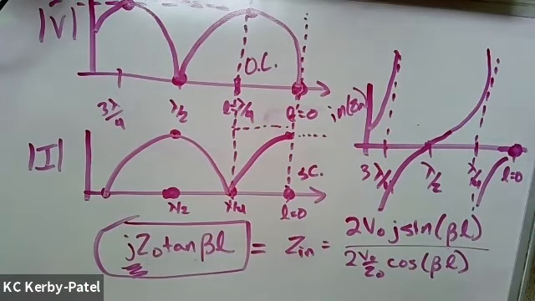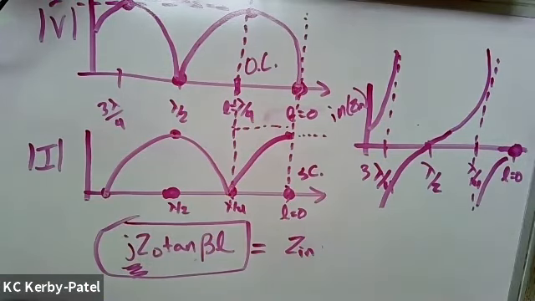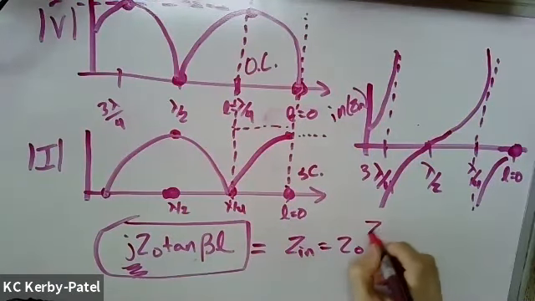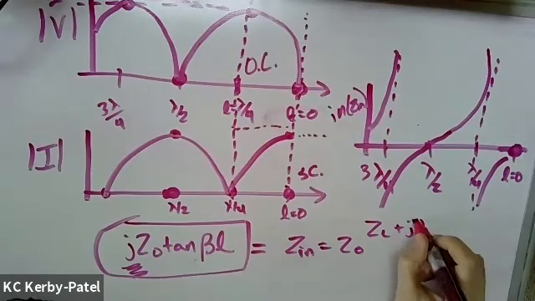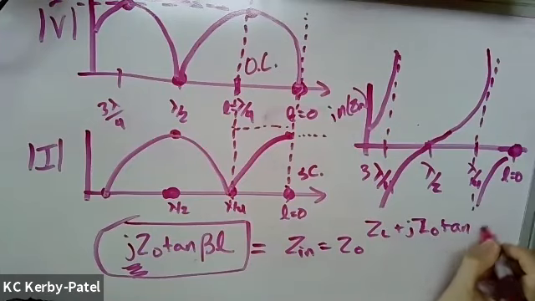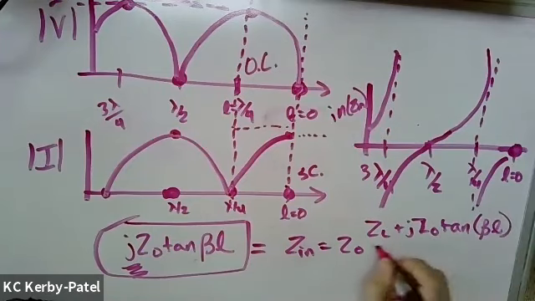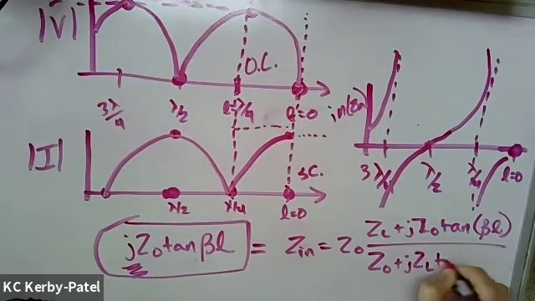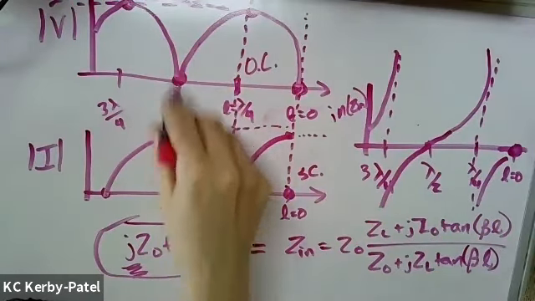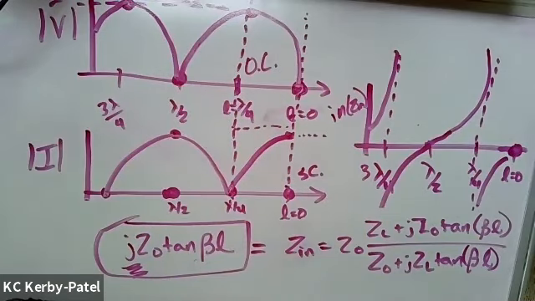And that agrees with the actual equation that we have, which is Z naught times (ZL plus j Z naught tangent beta L) divided by (Z naught plus j ZL tangent beta L). It all comes down to what these two standing waves are doing and how they're related to each other.